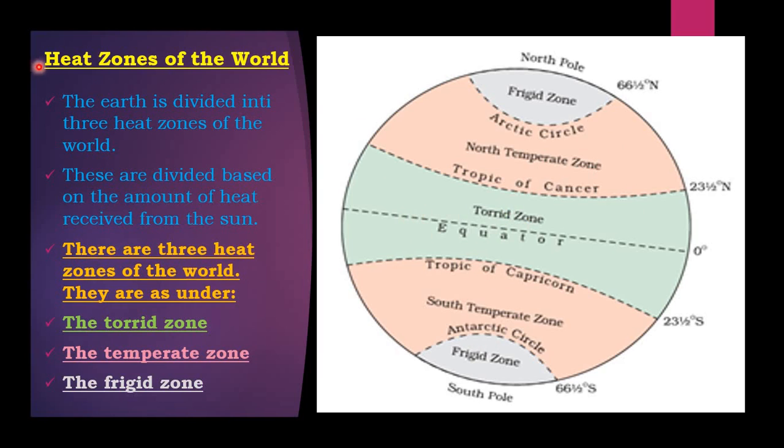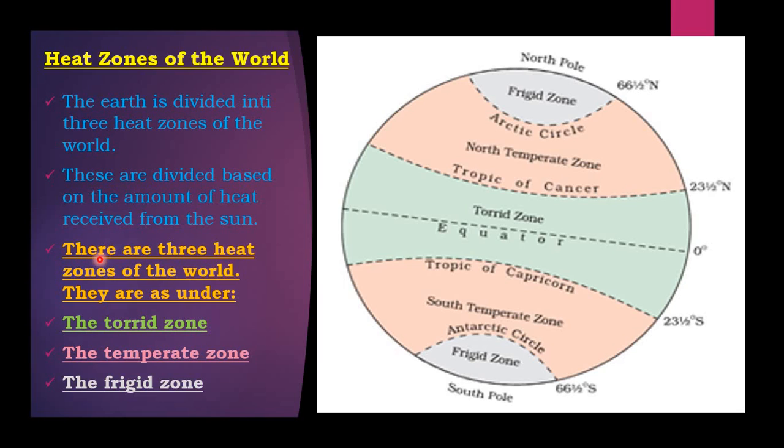So now let us see what the heat zones of the world are. The earth is divided into 3 heat zones. These are divided based on the amount of heat received from the sun. So children, actually the heat zones have been divided in the world based on the amount of heat they receive from the sun.